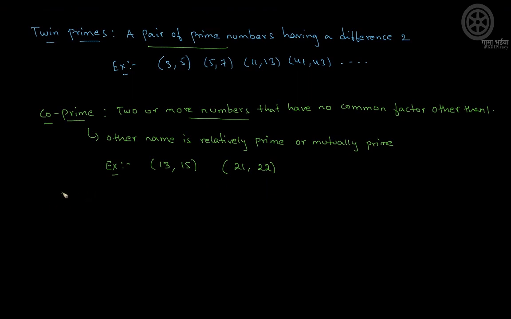Right. Now we see the properties under the co-prime. The first point: any two consecutive natural numbers are co-prime.